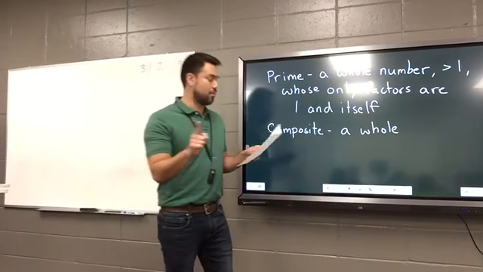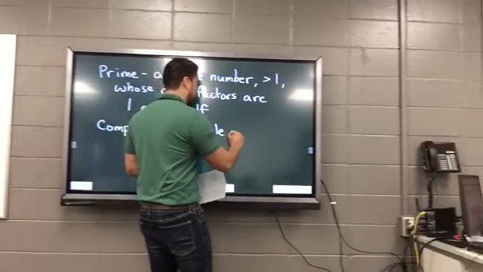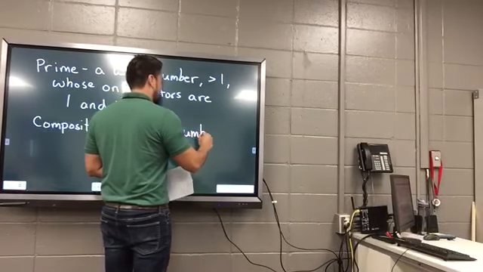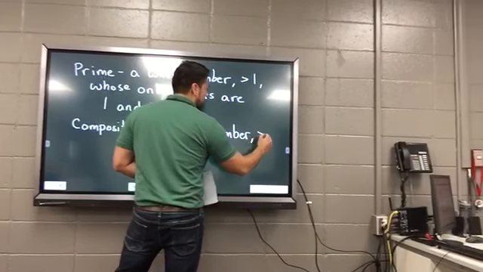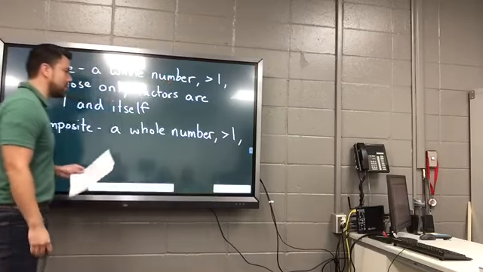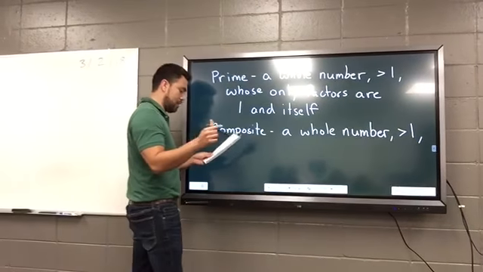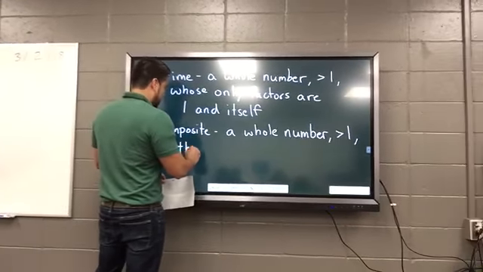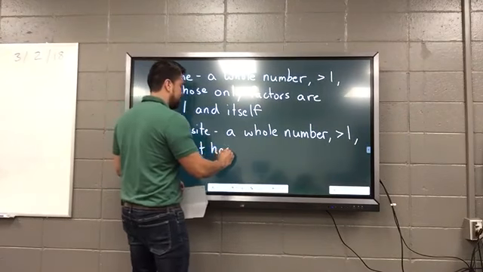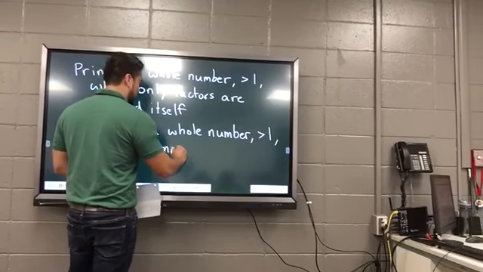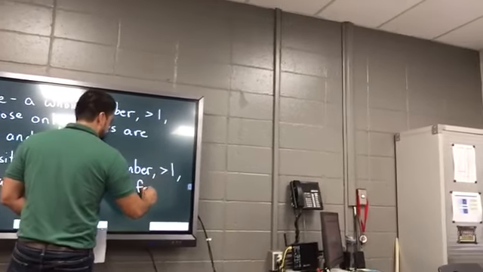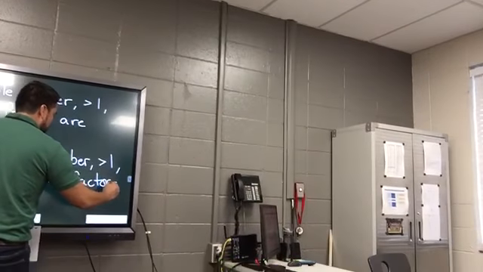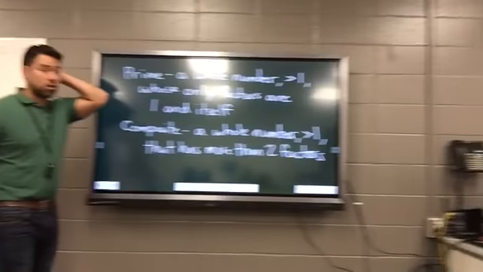No, we're talking about whole numbers, which is a critical difference between those numbers. It's a whole number that is also greater than 1. So we're talking about positive numbers and not 0 and 1. And we could say that has more than 2 factors. So all those numbers that have more than 2 factors, those are called composite.